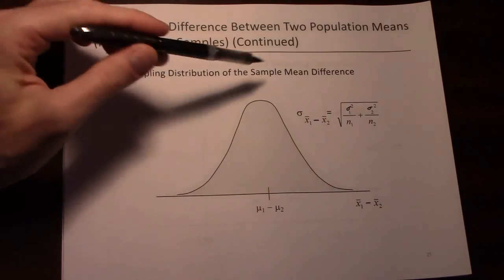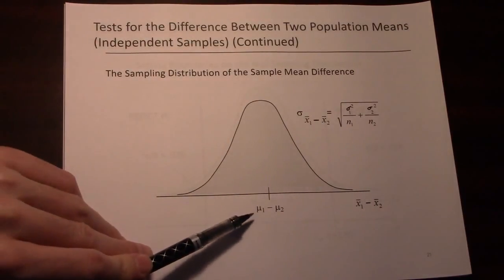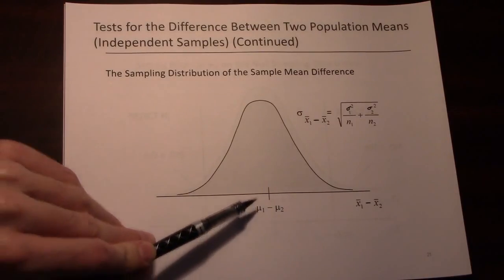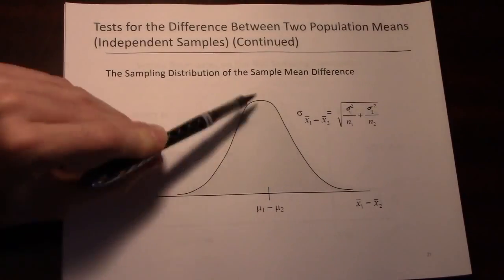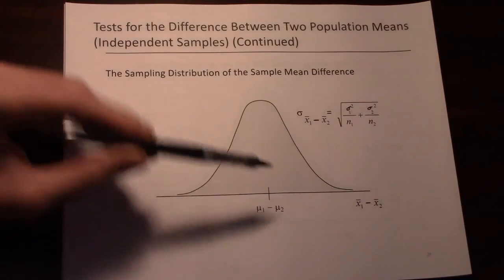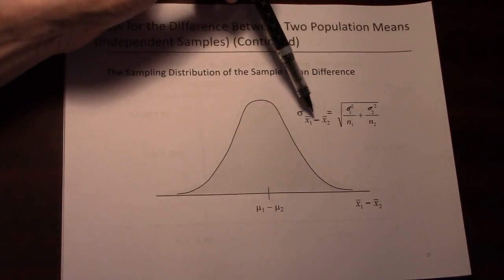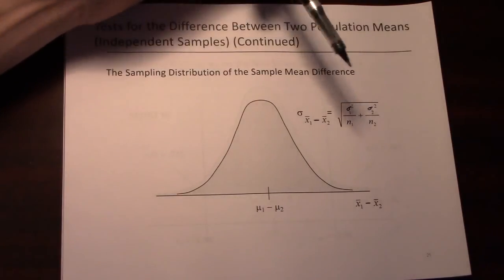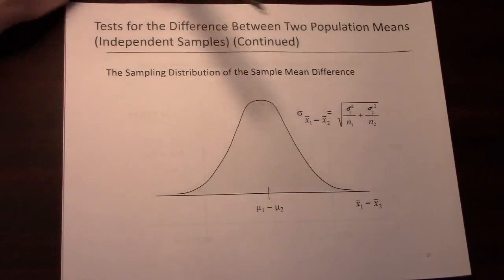So the sampling distribution of the sample mean difference has a mean which mirrors the true population mean difference. All right, we're most likely going to get the actual difference between town 1 and town 2. And it's going to have a standard deviation, which we can calculate based on the standard deviation of the population in town 1, population in town 2, and divide by sample size.